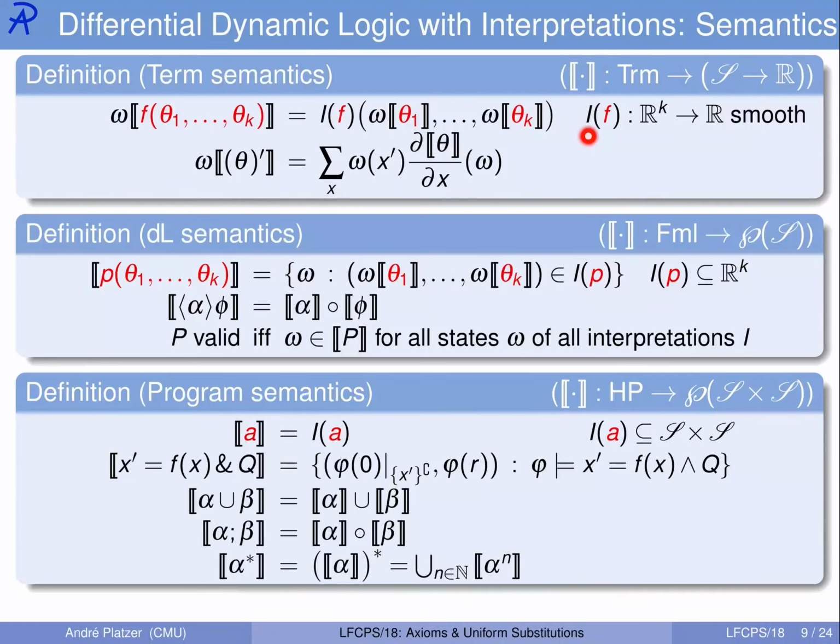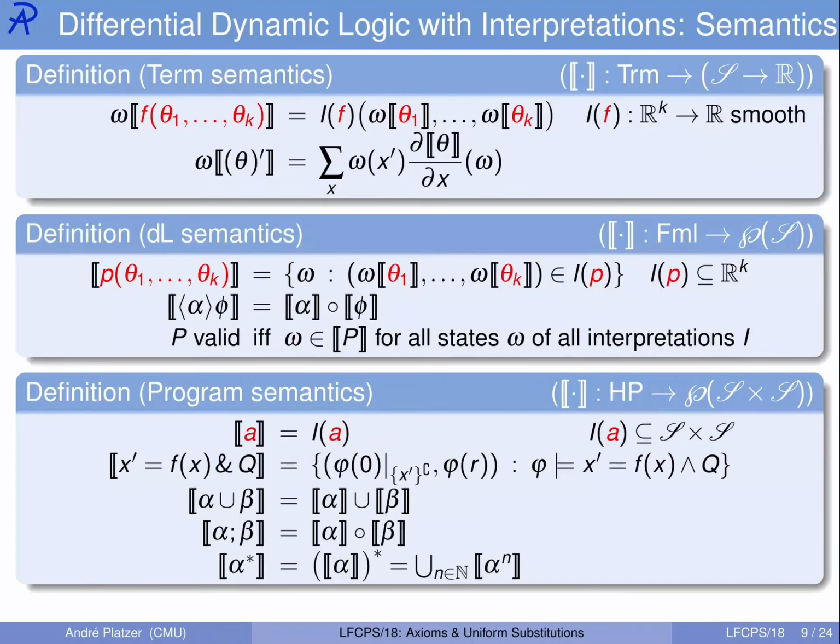So if we assign the role of giving us meaning for symbols to a function that's called interpretation function, then the interpretation of the function symbol f, of course, since the function symbol receives k arguments, it should be a function of k real numbers to one real number.